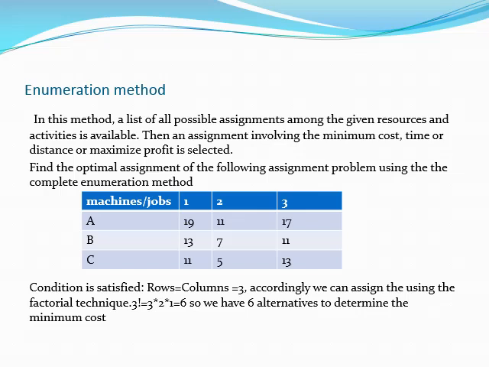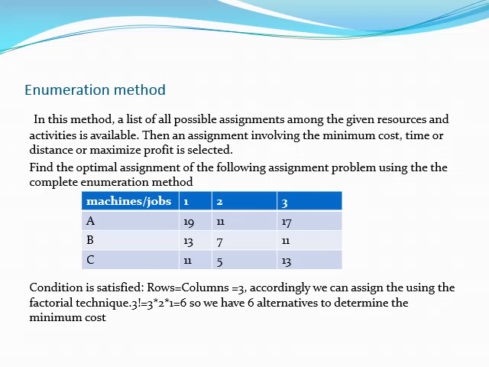In order to avoid the random solution, we will use the factorial technique. Since the number of rows equals the number of columns equals 3, the factorial of 3 equals 6: 3 times 2 times 1 equals 6. So we have 6 alternatives to determine the minimum cost.